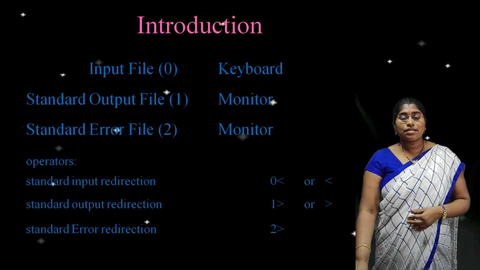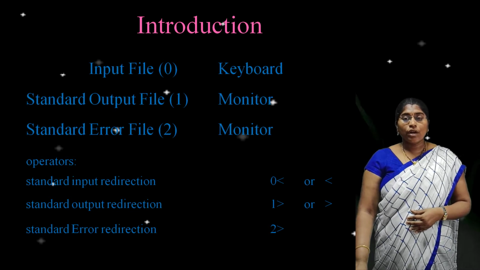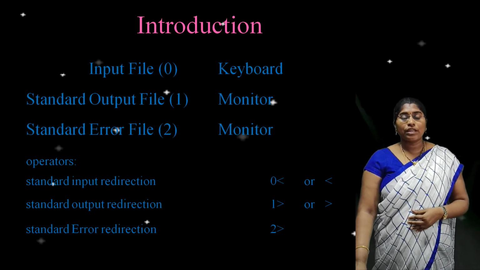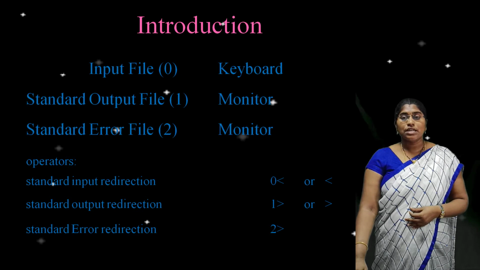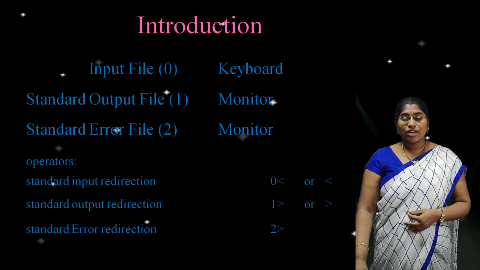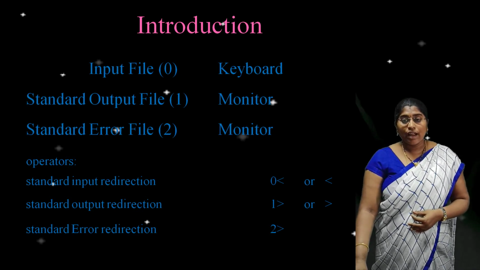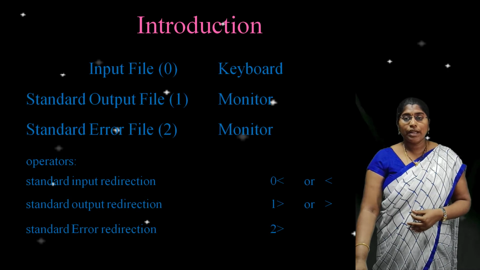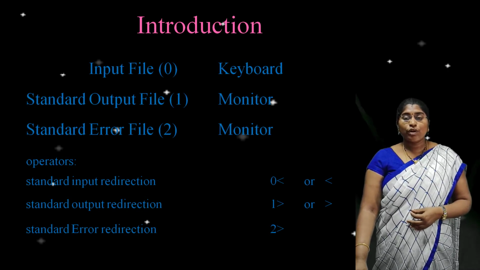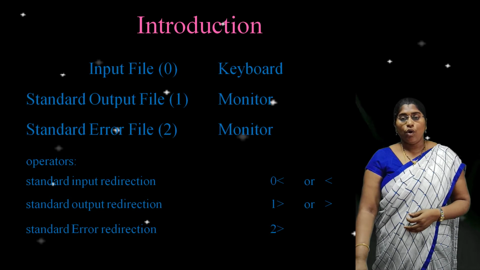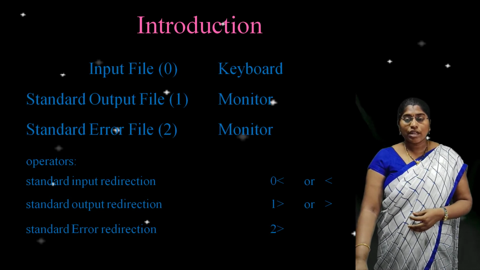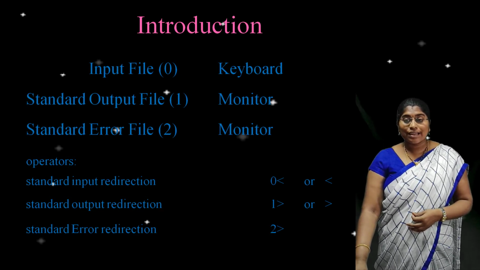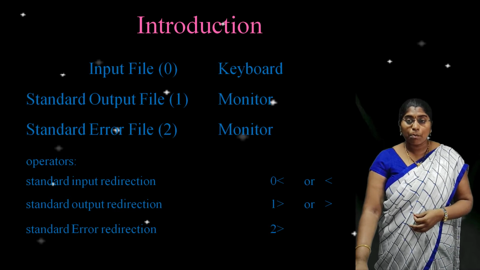Okay, let's see this picture. Here, the keyboard is the standard input that can be referred to by 0. After that, standard output is represented by 1, and the standard error is represented by 2. So here, we are giving the input through the keyboard. After executing your command, if you get a correct output, it is displayed on the monitor.